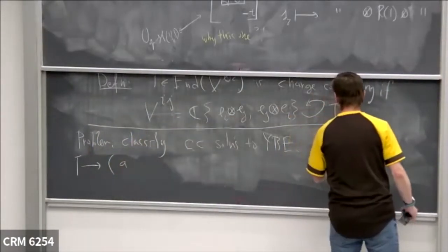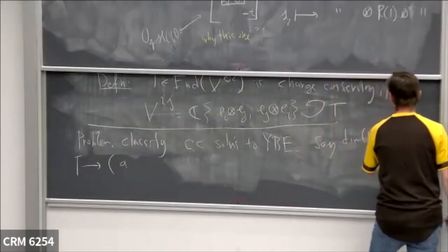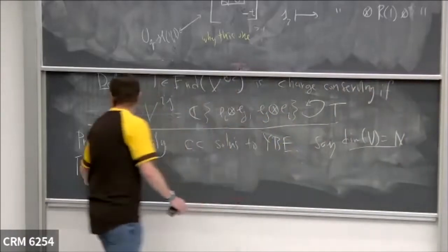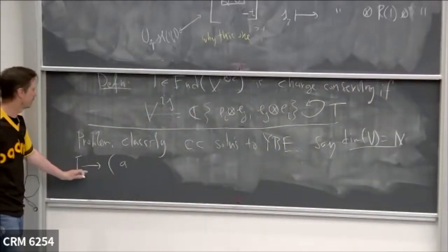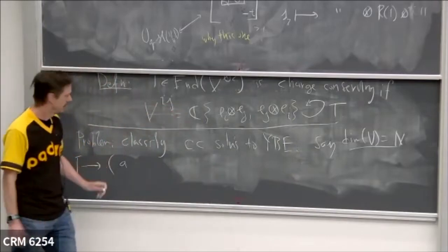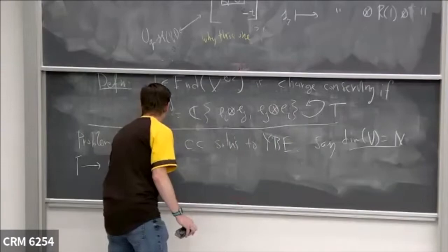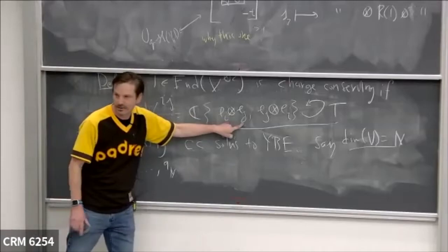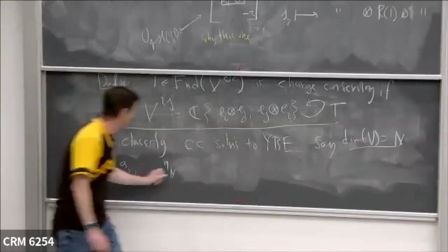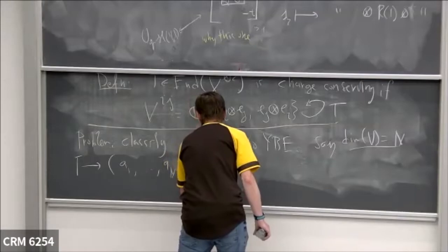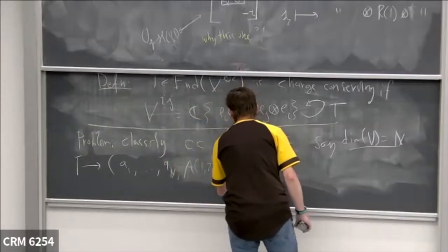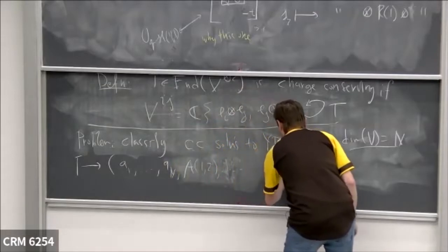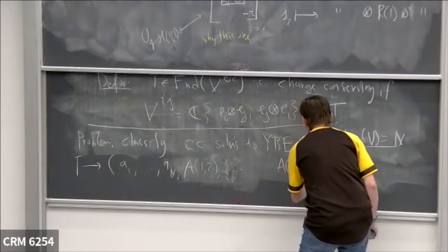Say the dimension of V is capital N. To encode a charge conserving operator, I just need some numbers, a_1 through a_N. Those correspond to when i is equal to j, a one-dimensional space. And then I've got a_{1,2}, a_{1,3}, and so on, and the last one is a_{N-1,N}.